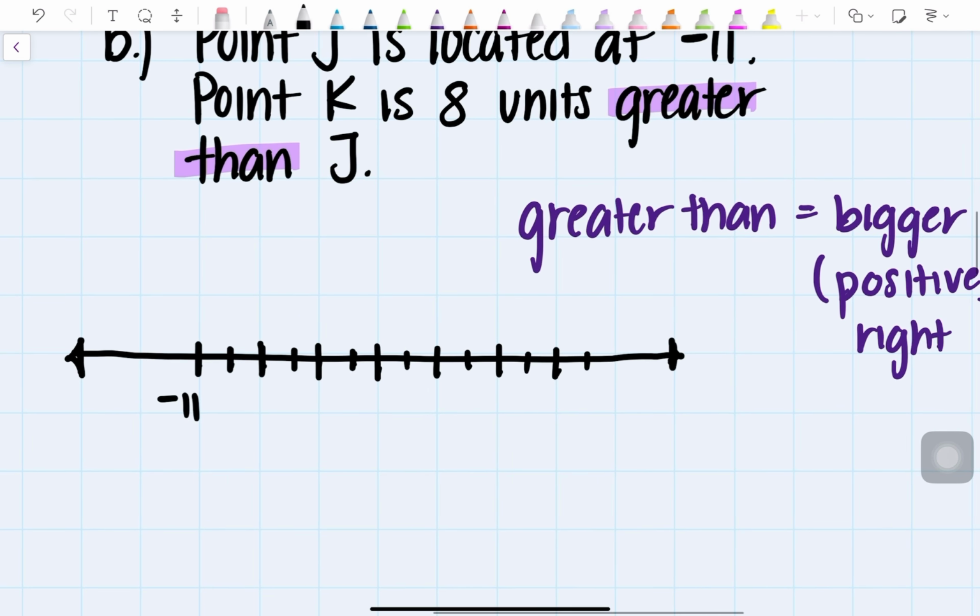If I count, because it's -11 and we're moving to the right, it's -10, -9, -8, -7, -6, -5, -4, -3, -2, -1, 0, 1, and 2. You could keep on going.